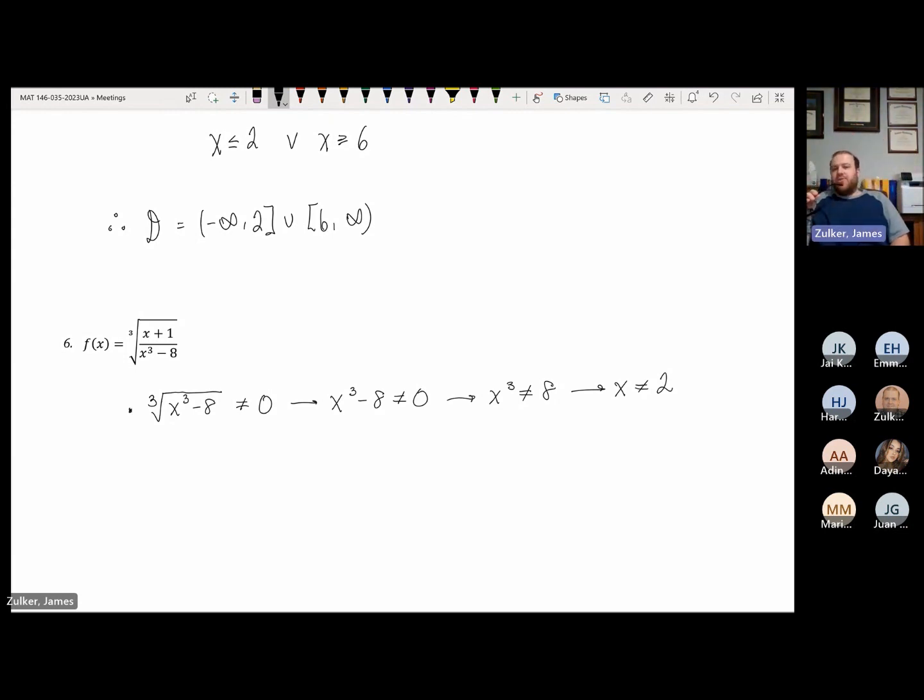Now, we have a radical, right? It's a cube root. But it's odd. You are allowed to have negatives under an odd radical. So the only restriction is x can't be 2. And so there is our domain.